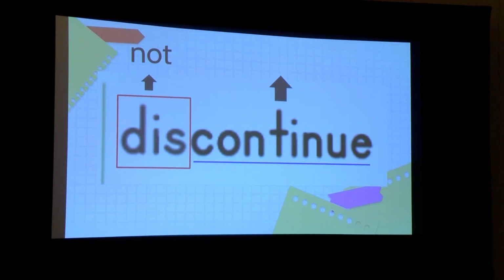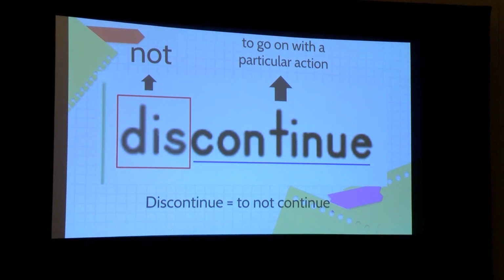Then we have the base word, which is continue. We know to continue means to go on with a particular action. If we put those two together, what do we have? What's the definition of discontinue? To not continue, or to not go on with a particular action.